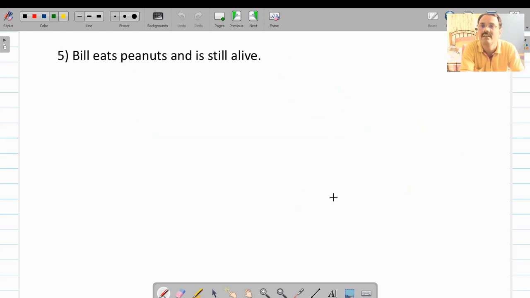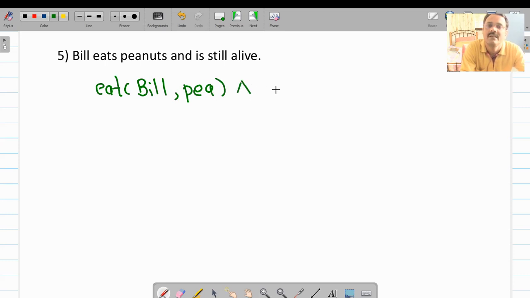Next sentence, Bill eats peanuts and is still alive. So in predicate logic form, it is a conjunction of two statements. Bill eats peanuts is equivalent to eat Bill peanuts, I will write it, and alive we have already defined earlier, alive Bill. So one clause has resulted in two clauses.